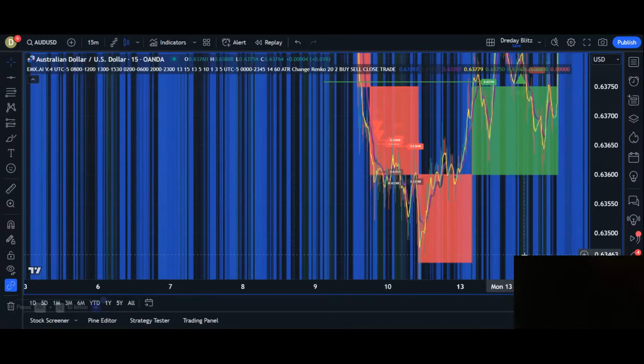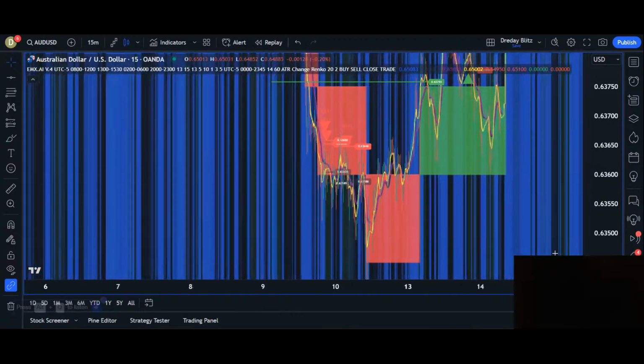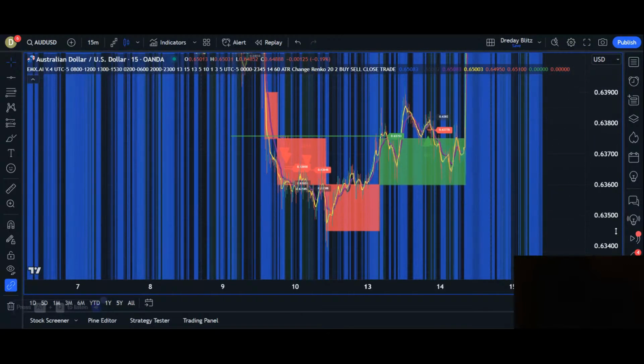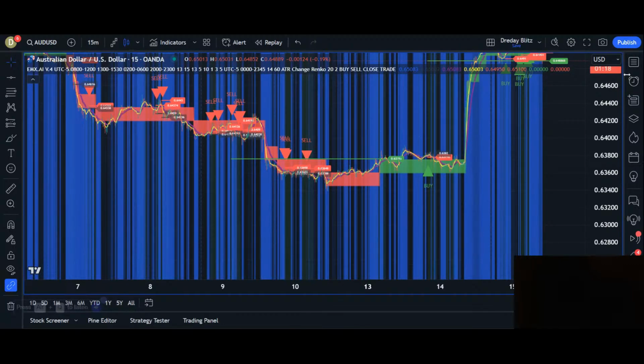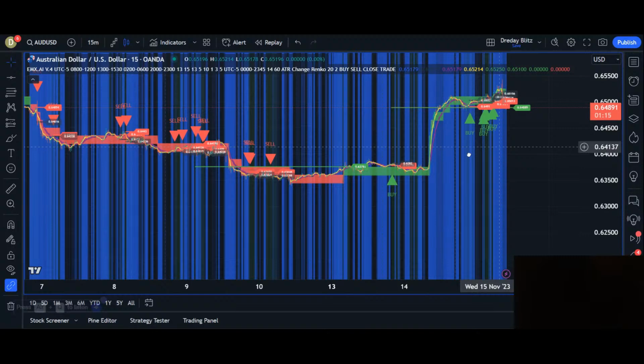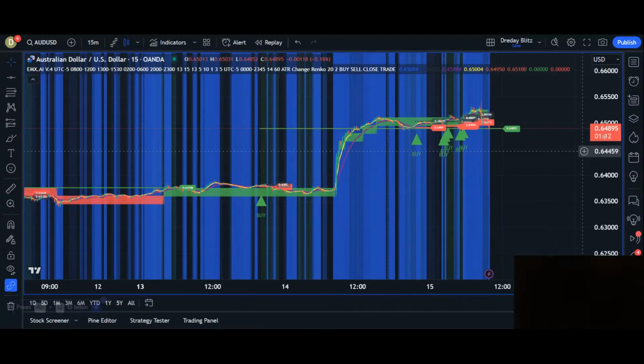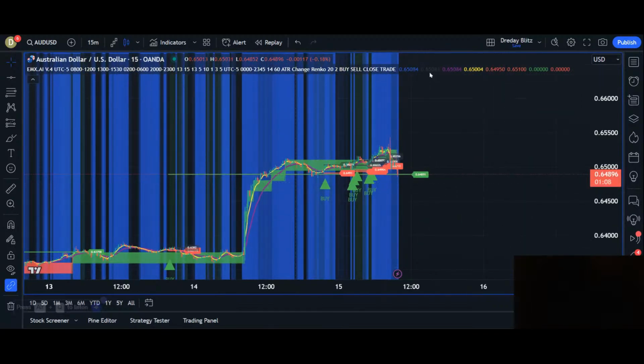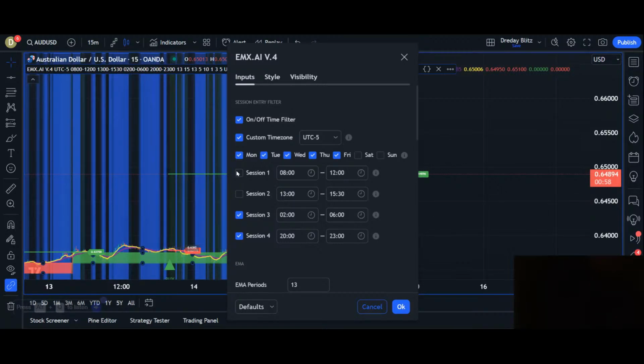So let's look at AUD/USD. Let me make sure that I have the right settings for AUD/USD. For AUD/USD, I would put 8 to 12, so the New York session, and then AUD/USD is the Asian slash Sydney session, okay?